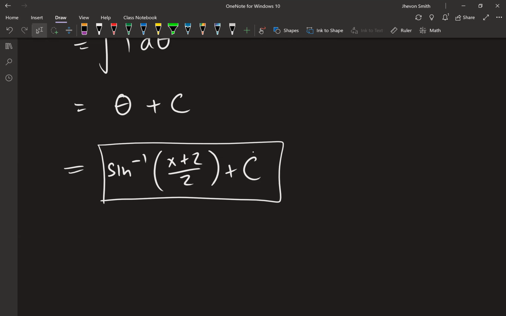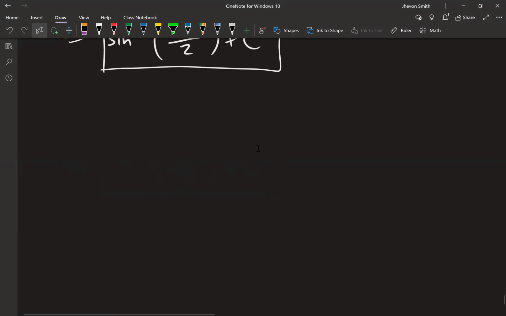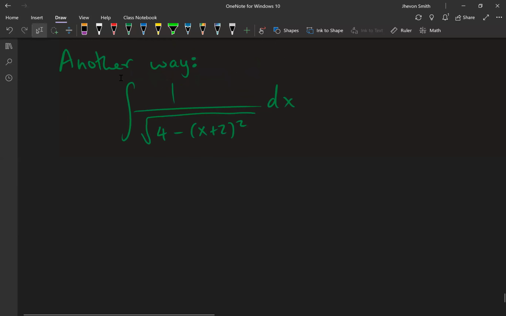There was also another way that you could have seen that, so maybe I'll just mention that while we're here. Assuming you memorized all the basic rules and you know them very well, when we had this point right here, one thing you could have done is factor out a 4.